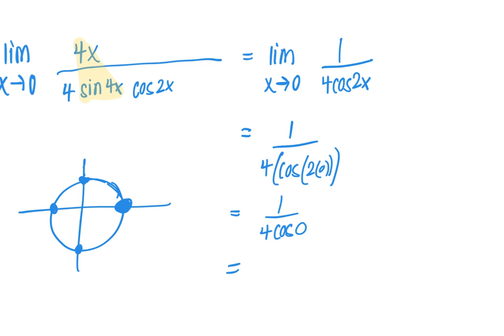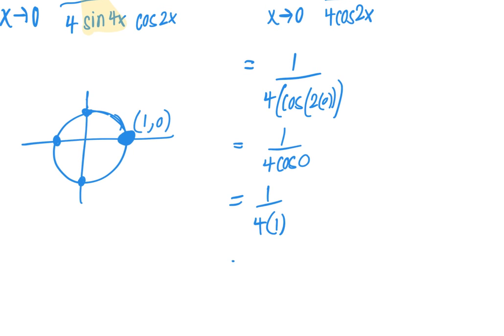Anyway, 0 being right here, that cosine value is 1. The sine value at 0 is 0, but the cosine value at 0 is 1. So cosine of 0, all of a sudden you have 1 over 4 times 1, which is 1/4.